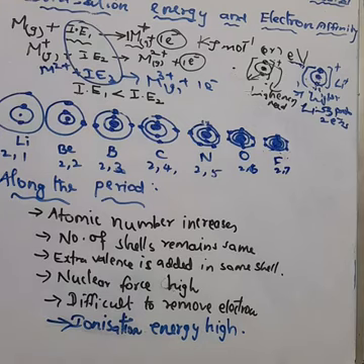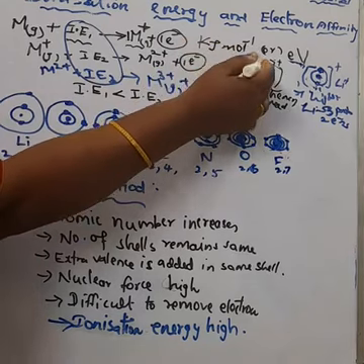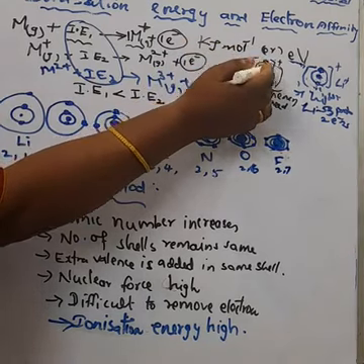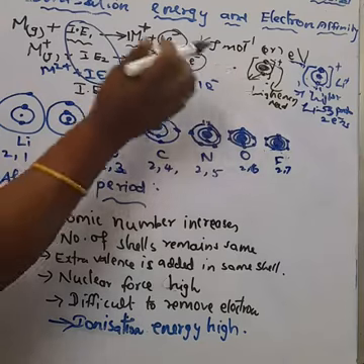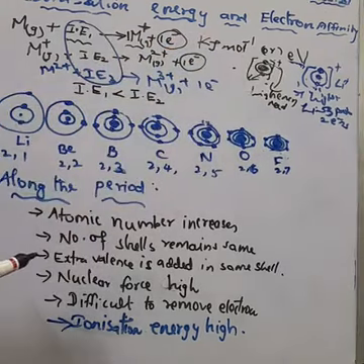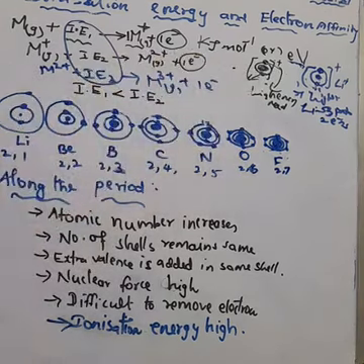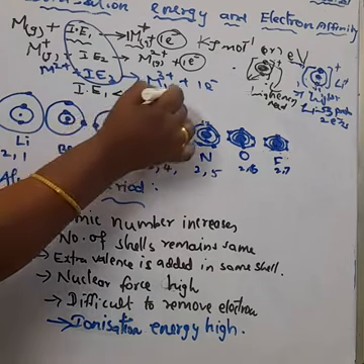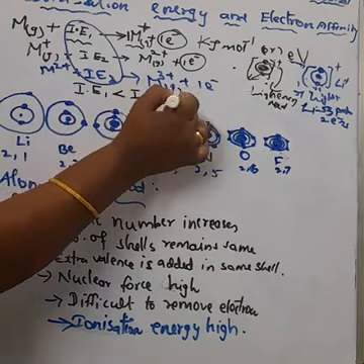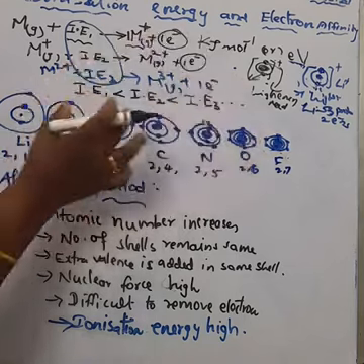The effective nuclear charge attracts this one electron very tightly. So the third ionization energy is much higher than the first and second. This is the increasing order.